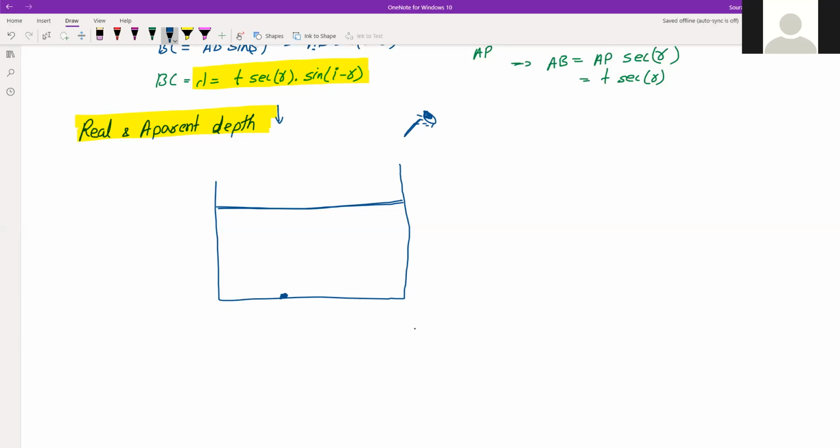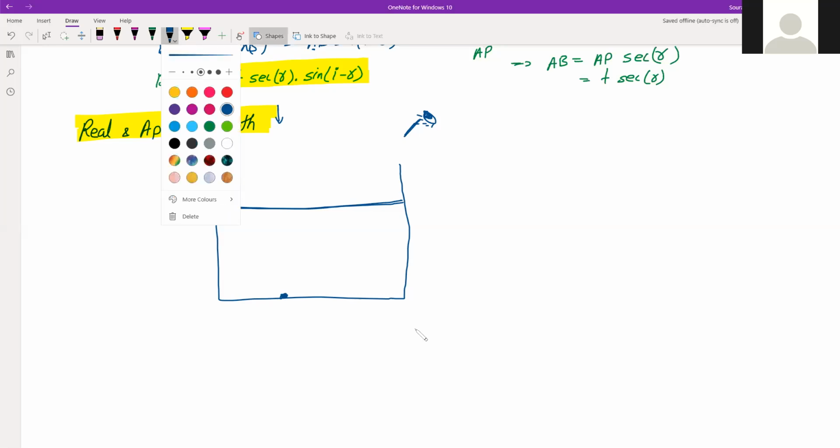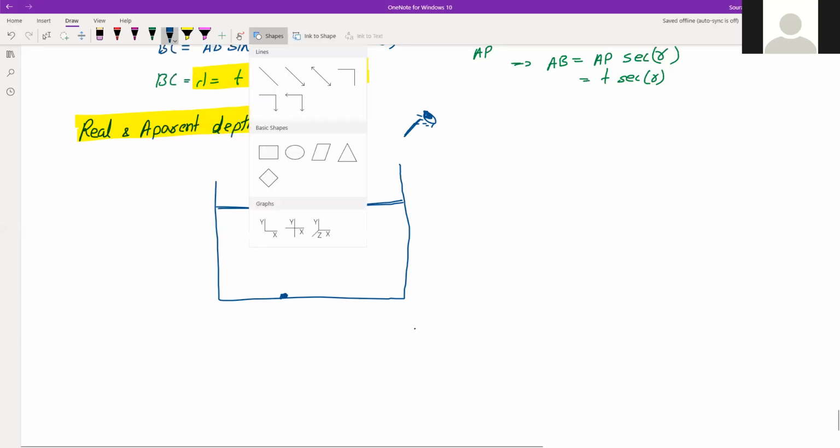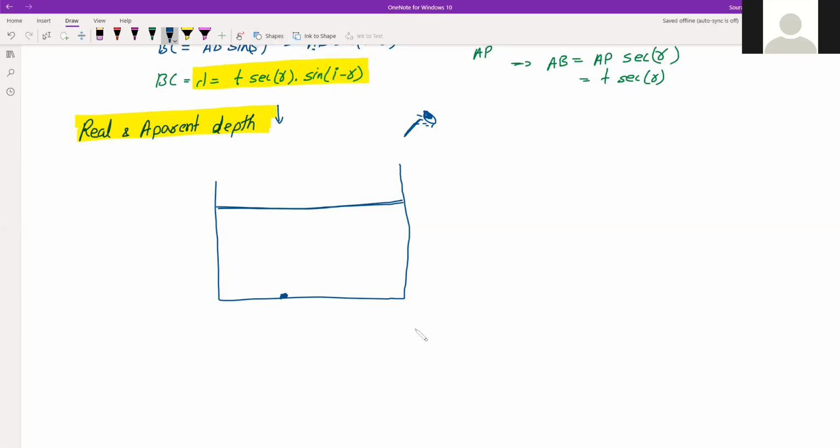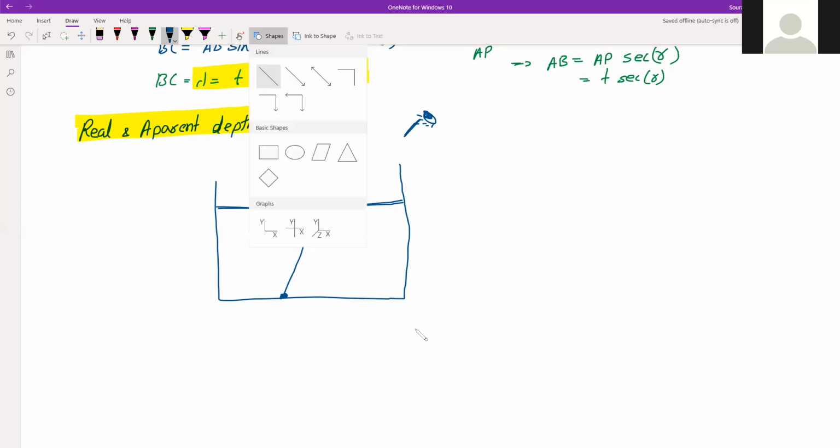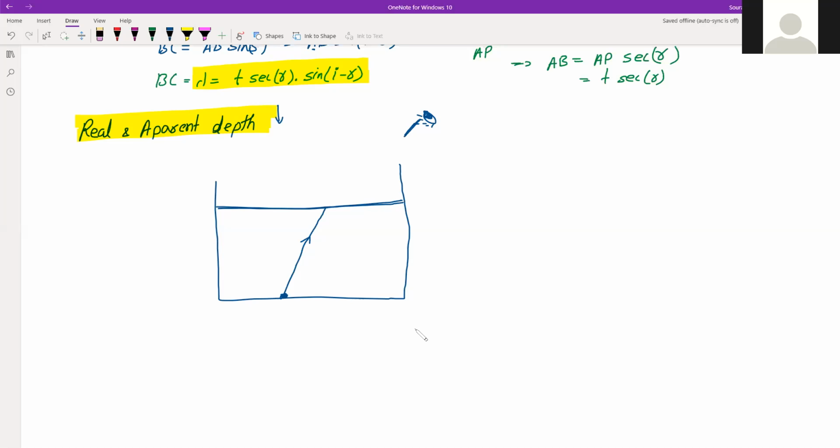Now in order to see it, a ray should travel from this object towards your eye. So this ray goes from here to here, and then because this is a denser medium and this is a rarer medium, the light will bend away from the normal.